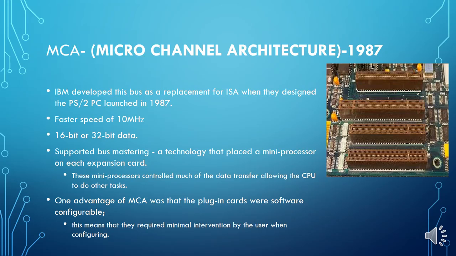Because of this proprietary format and competing standards, the MCA bus never became widely used and has been phased out. Means it became obsolete. Nobody used it, so it became obsolete.